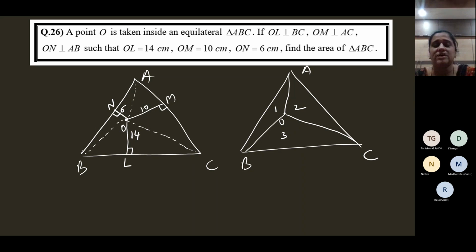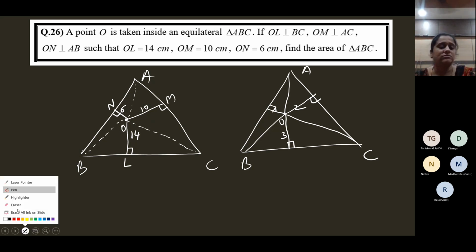When you join OA, OB, and OC, you are dividing the whole triangle ABC into 3 smaller triangles. And you know the altitude of the 3 triangles. That's given to you: ON, OL, OM. So the equation is: the sum of the areas of the 3 small triangles is equal to the area of the whole triangle.